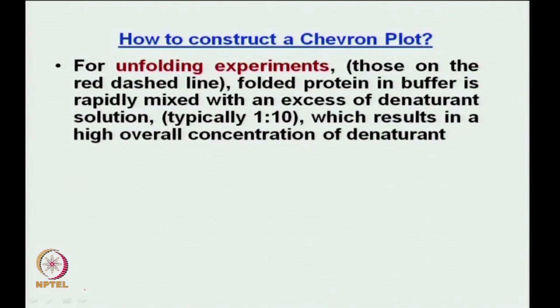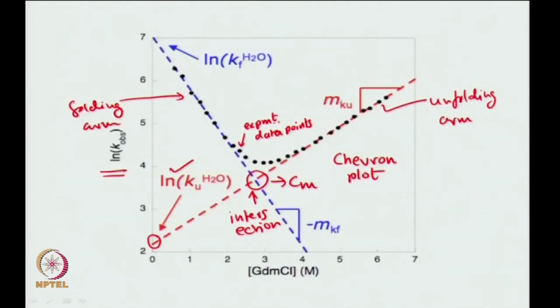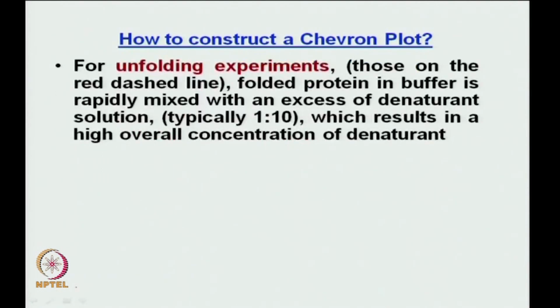The first thing is, if you are going to do an unfolding experiment, that means you are trying to unfold the protein and get k u. What you would do is, and those on the red dashed line, which was to the right of the curve, right. So, you see the red dashed line, this is the unfolding, okay. That is what you are trying to do. So, for unfolding experiments, what you do is, you take the folded protein in buffer and it is rapidly mixed.